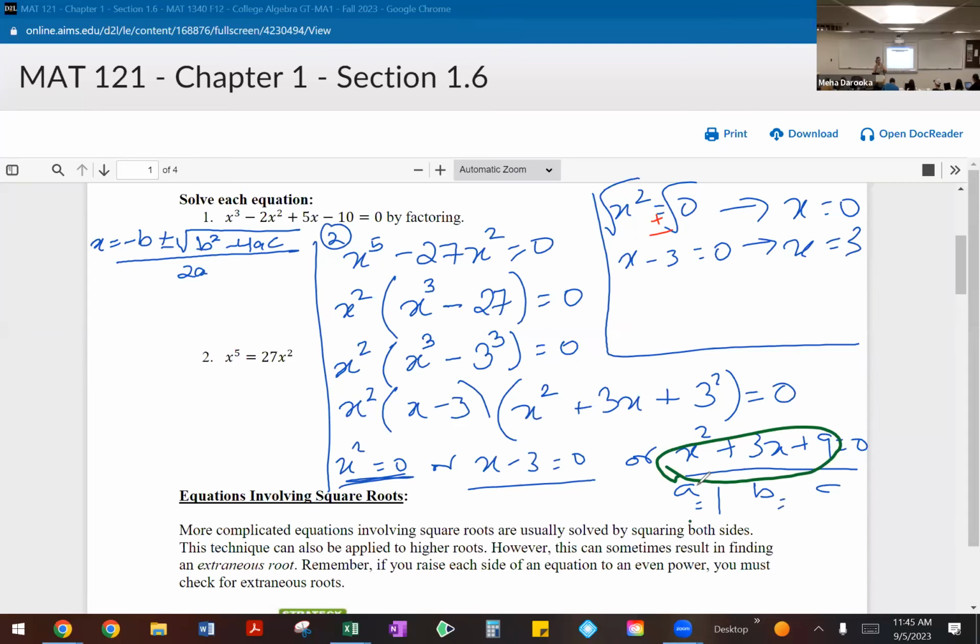All right, perfect. So using that, we have negative b, and b happens to be positive 3, so that basically is negative 3, plus or minus the square root of 3 squared minus 4 times a, which is 1, times c, which is 9, the whole thing divided by 2 times 1. So clean that up, and that will give you your remaining two solutions for this polynomial here.